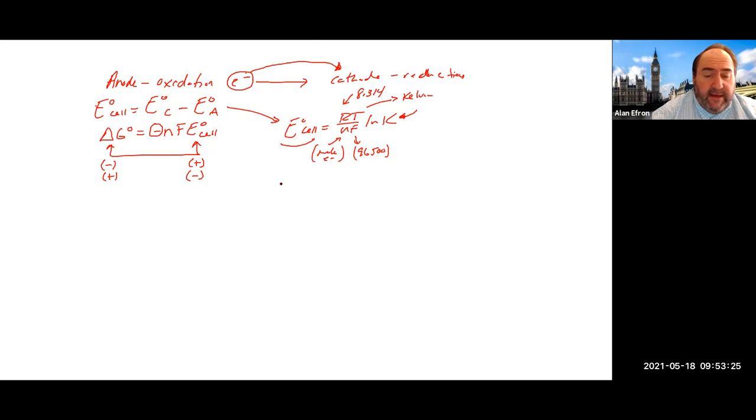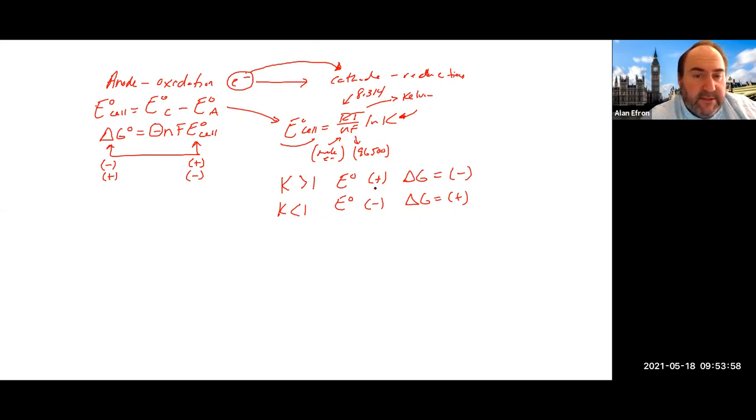If we have a large value of K, so K is greater than 1, that means we have more products at equilibrium, which means we would expect our E of the cell to be a positive number, and that would mean a delta G that's negative, and vice versa. They really do work together. If our K is less than 1, or a small number, we would expect a negative E of the cell and a positive delta G. So those relationships go together.